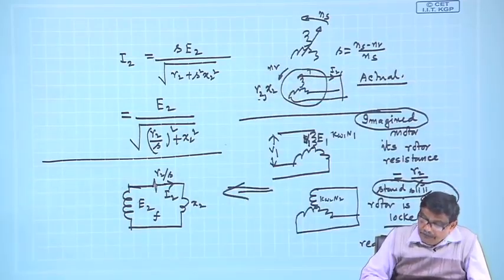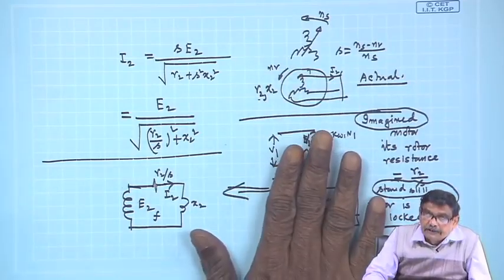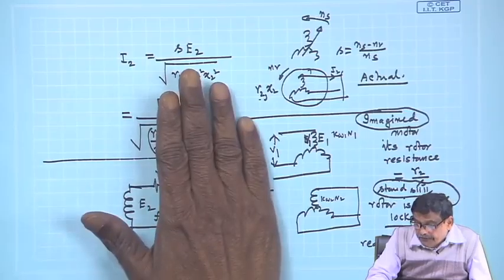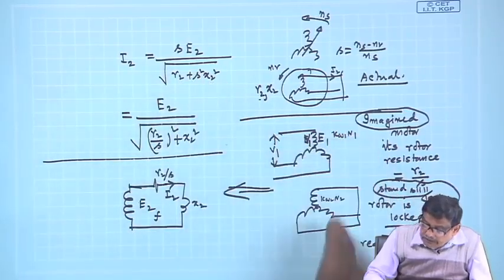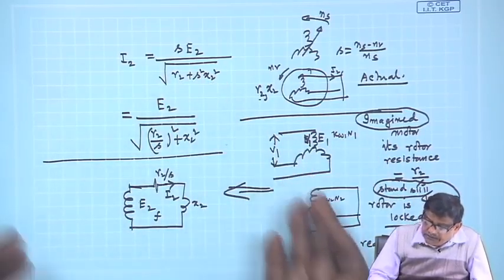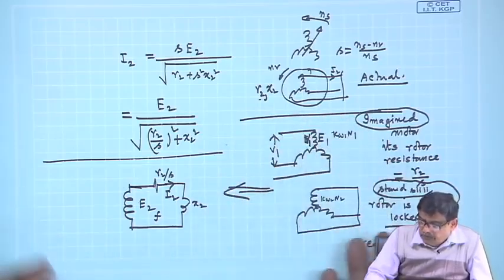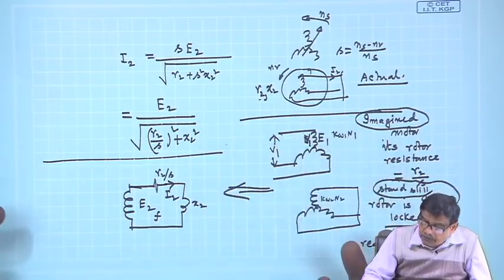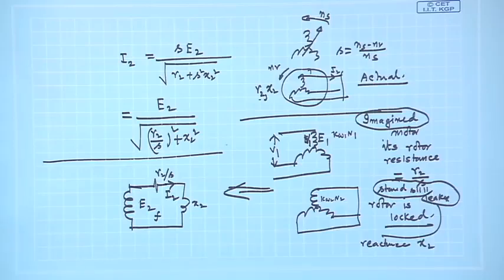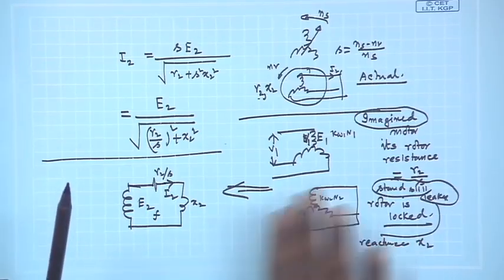This machine is stationary. You apply a voltage V1, E1, then there will be an induced voltage, because this is an induction motor, kW1N1 by kW2N2 will be E1 by E2, and it is at standstill condition.